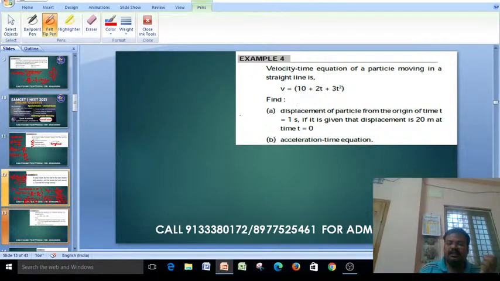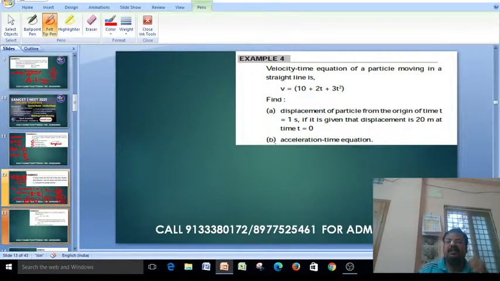Based on this equation, you have to find the displacement of the particle from the origin at time t equal to 1 second, if it is given that the displacement is 20 meters at time t equal to 0.